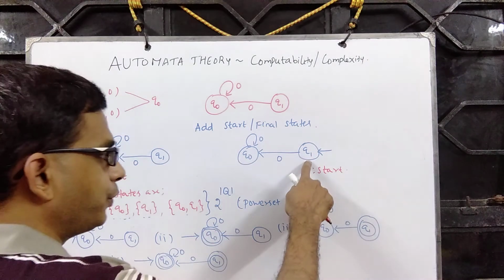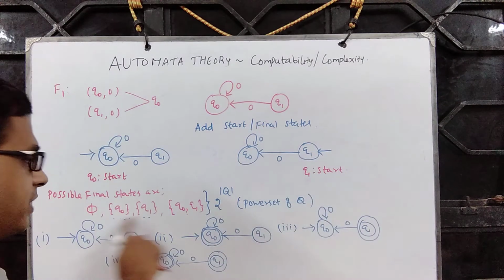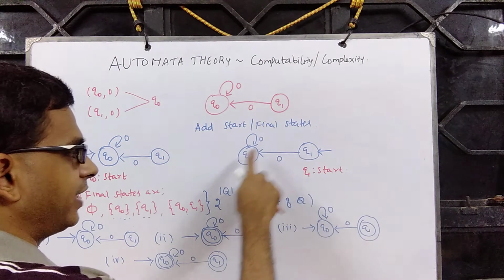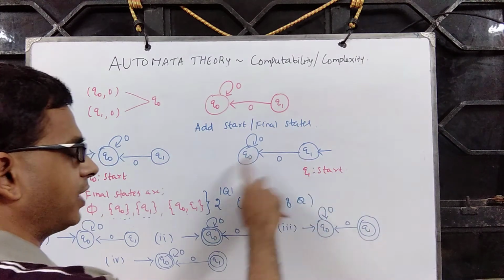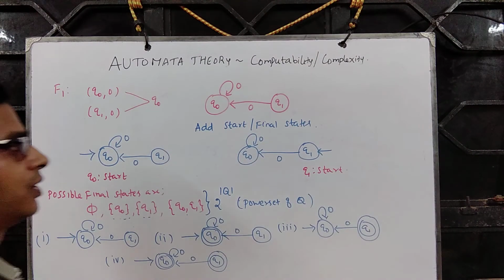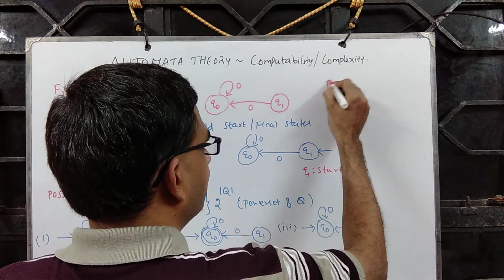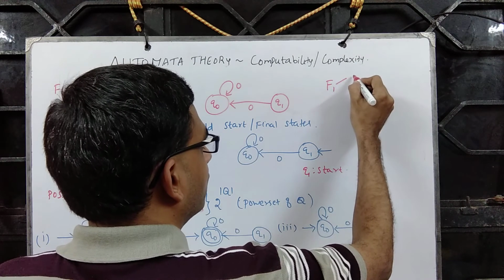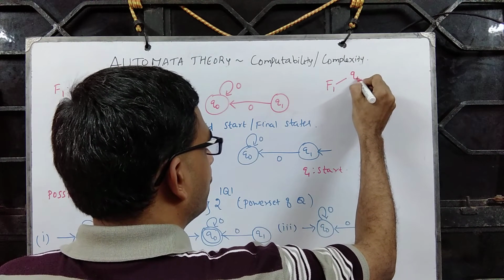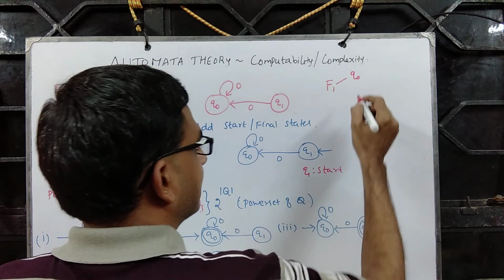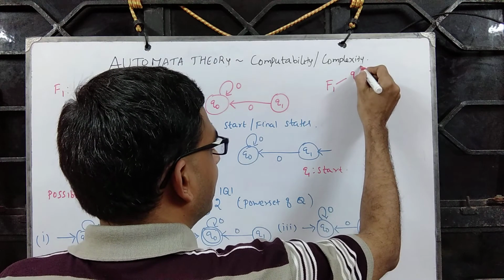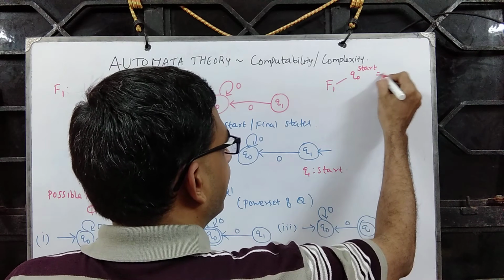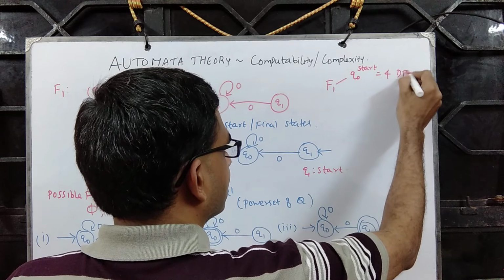Similarly, with q1, we will have 4 possibilities: empty, and this being the final state, then this being the final state, and both. So for function number 1, with Q0 as start, we get 4 DFAs.